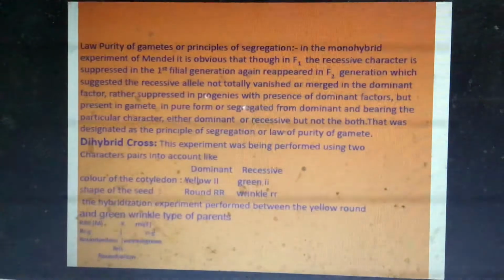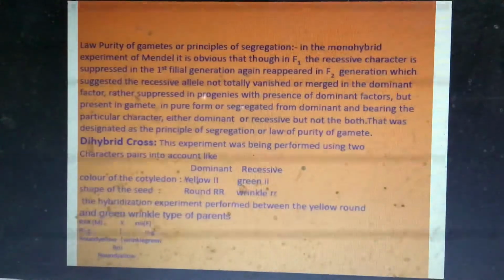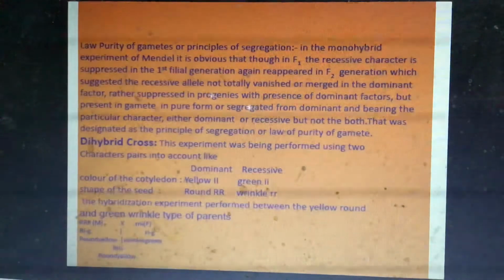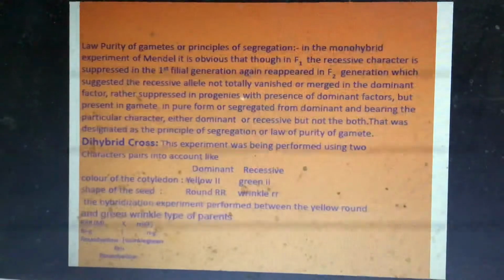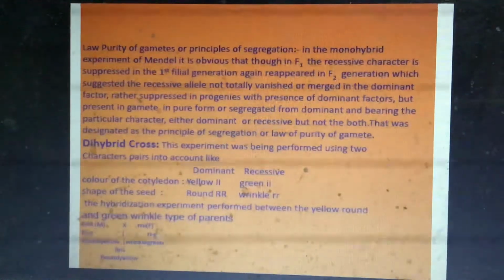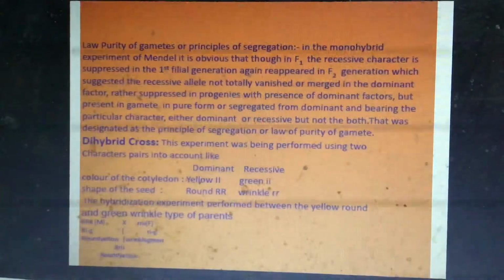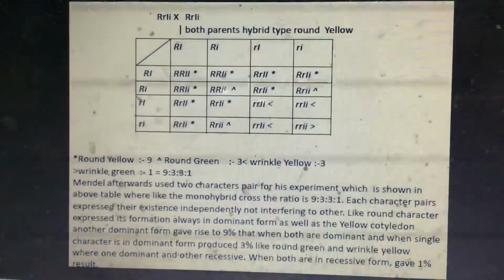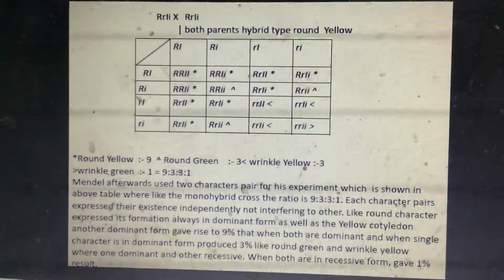That means they are both pure. There is no mixing or interference, meaning a dominant type gamete does not interfere with the recessive type of gamete, and that is called the purity of gametes. Though in the parental type they are present in a heterozygous form, during the formation of gametes they are segregated to the gametes in pure form.